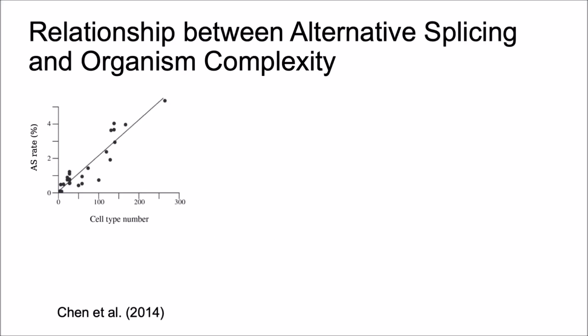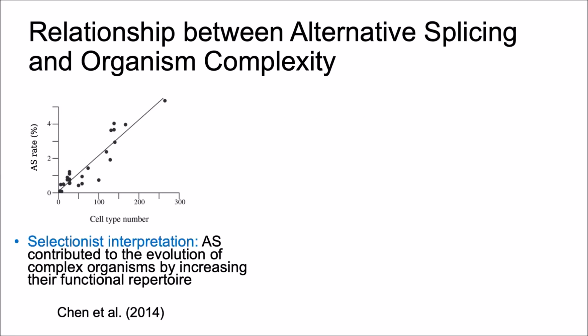And so if I come back to this observation that I mentioned before, this strong correlation between the rate of alternative splicing and the complexity of organisms, in fact, there are two possible interpretations.